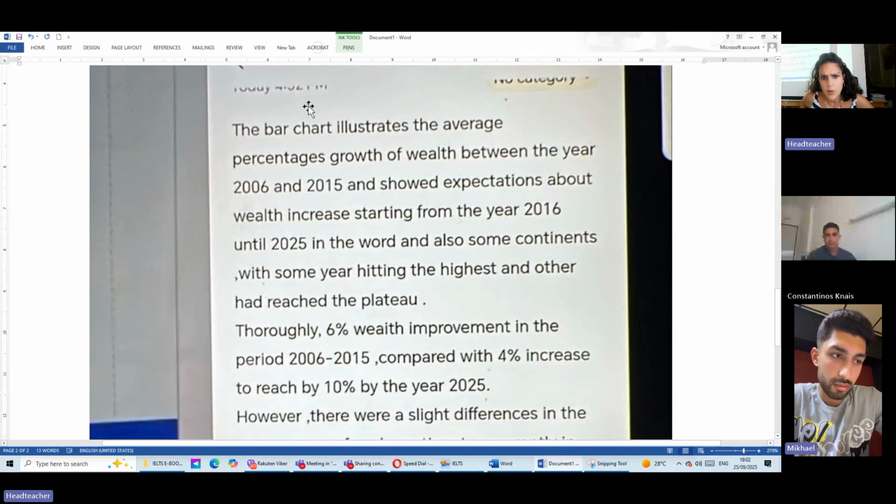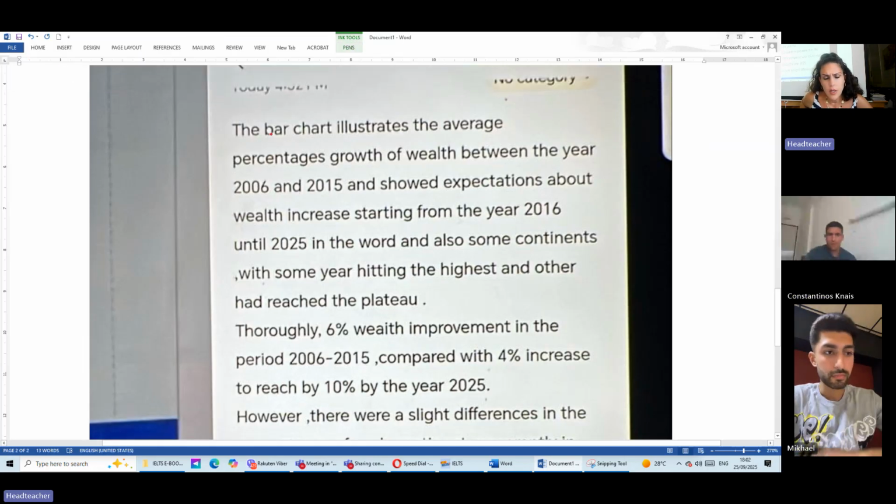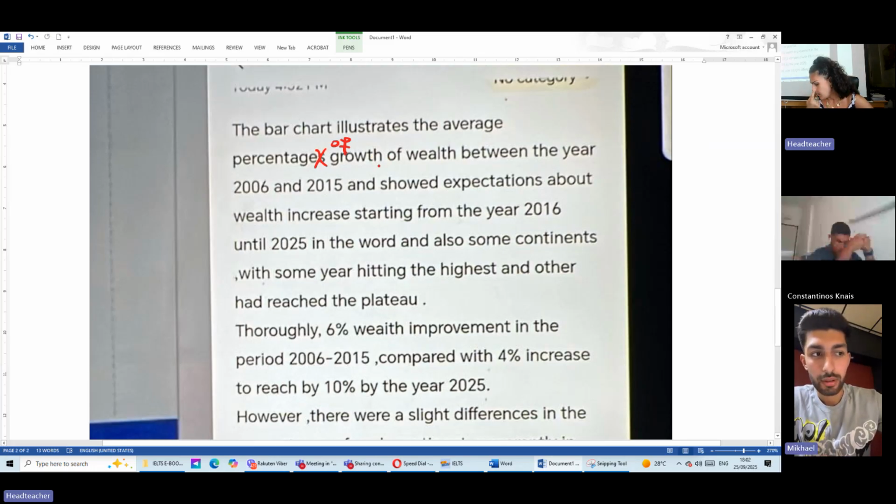So the bar chart illustrates the average. Can you say the average percentages or the average percentage? What do you think? The average percentage of growth of wealth, or it's better to say of world wealth growth.